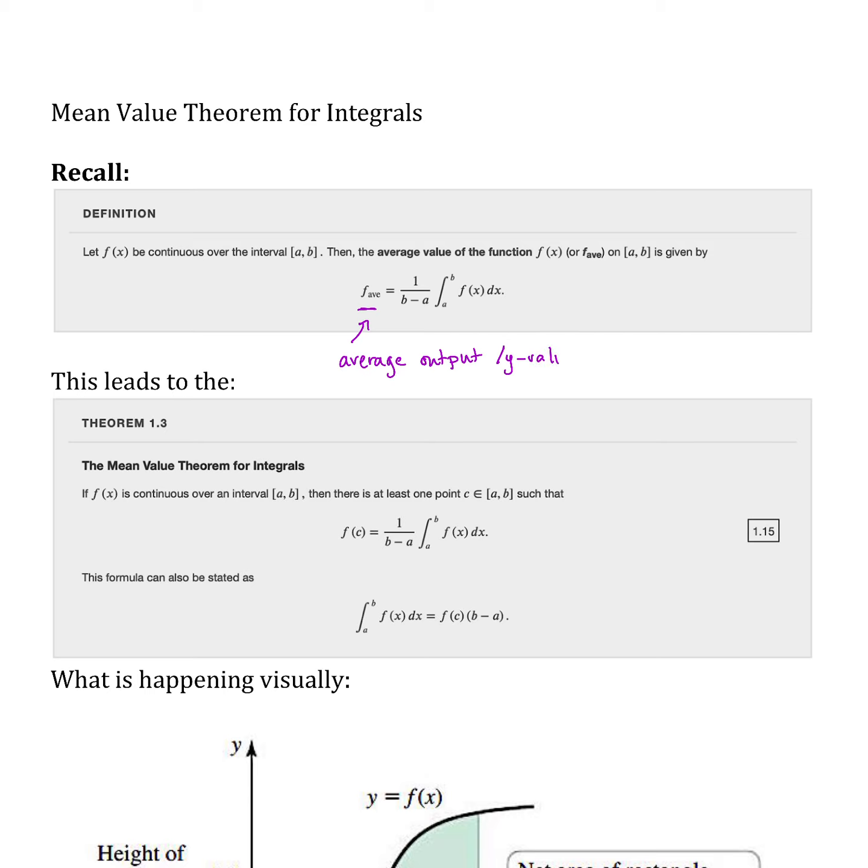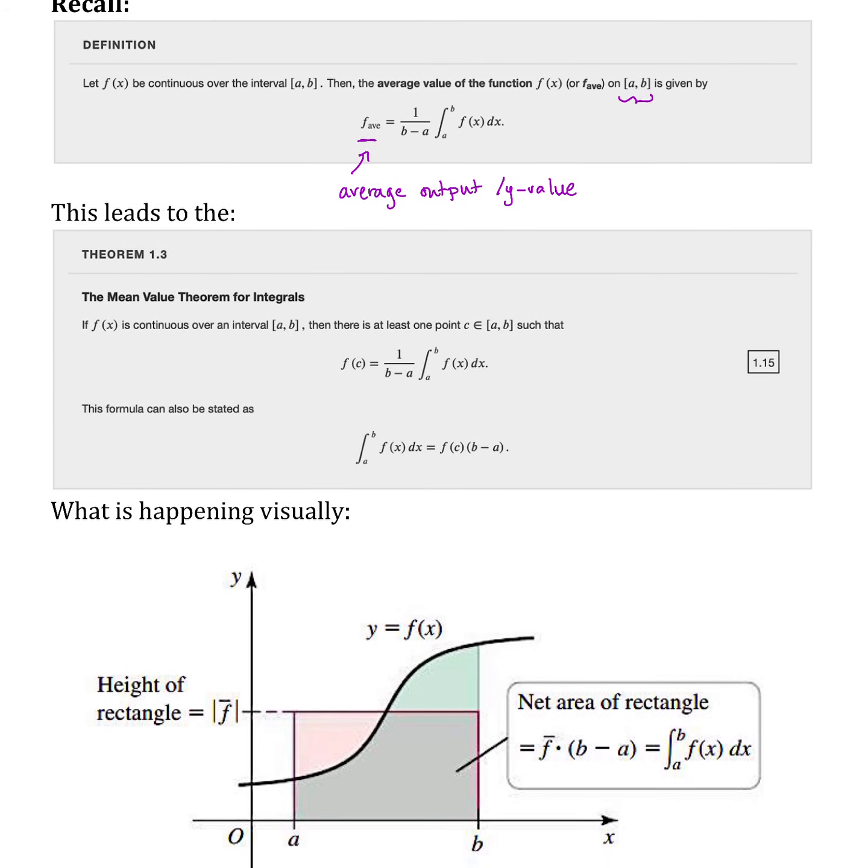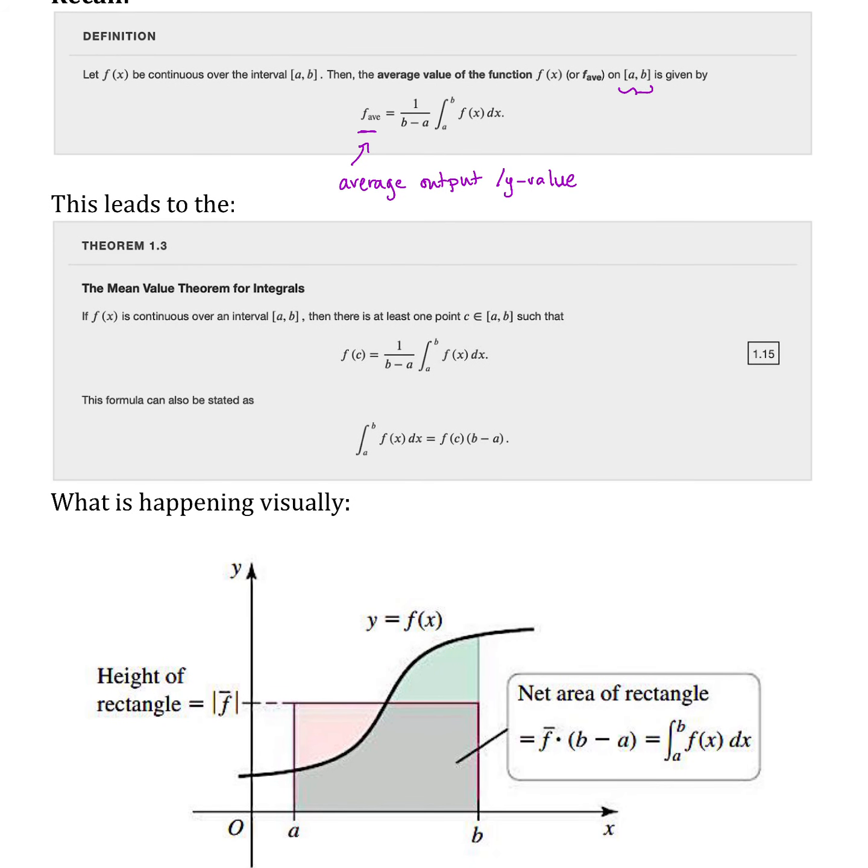So this is taking a look at all of the y values you get out of this function on this interval a to b, and on average your y values would be this f sub average, and we get that from doing 1 over b minus a times the integral from a to b of f of x dx.